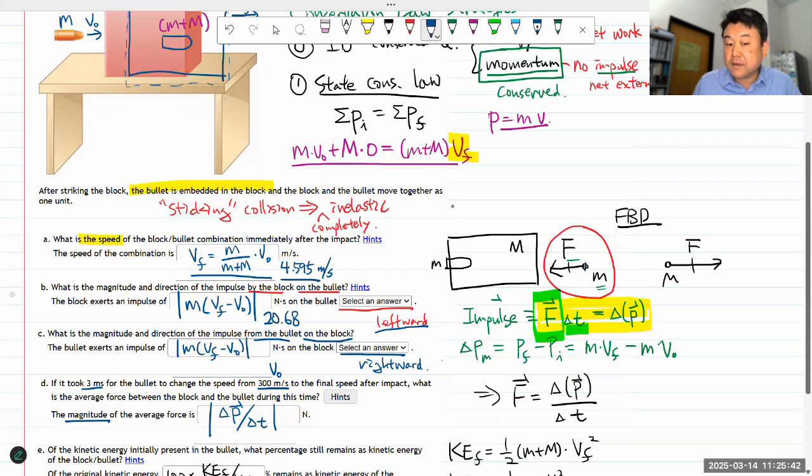Because I kept everything in basic SI units, I'm guaranteed that this answer is in basic SI units. And it'll be the same answer for part C, nothing's changing. I already indicated the directions.